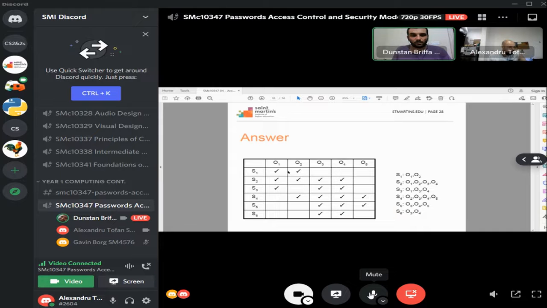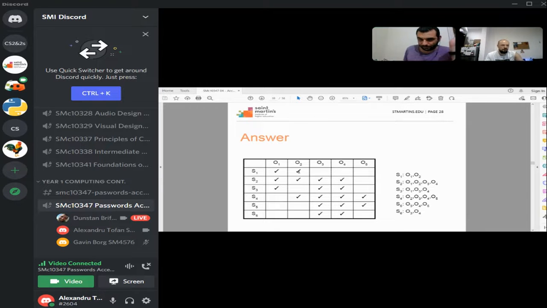Subject 1 is linked to objects 1 and 2. Subject 2 is linked to objects 1, 2, 3, and 4. Subject 3, because it also has a negative permission, is linked to 1, 3, and 4. Subject 4 is linked to 2, 3, 4, 5. Subject 5 is linked to 3, 4, 5. And subject 6 is linked to 3 and 4. So ultimately, this would be the matrix.